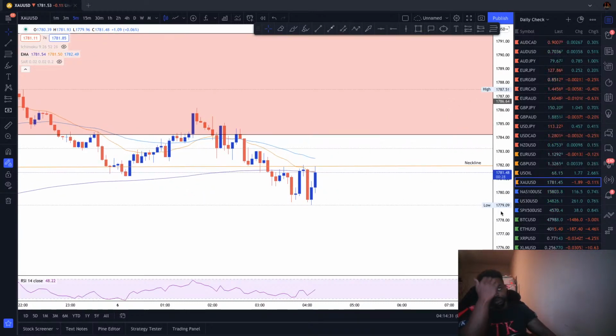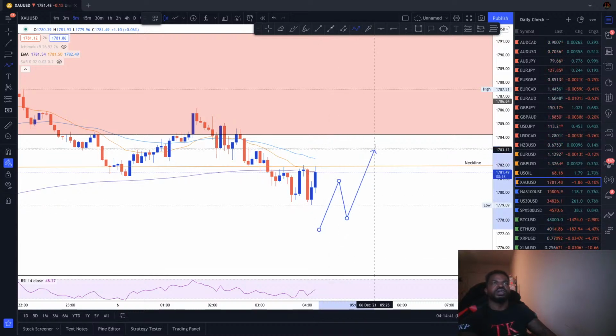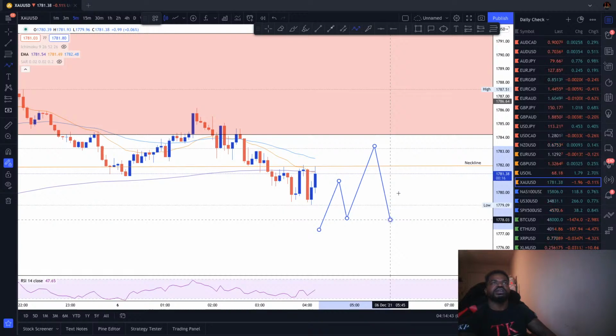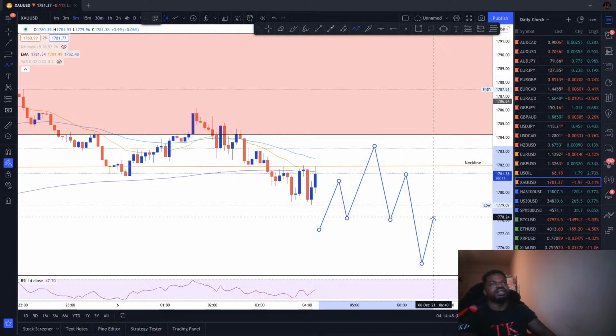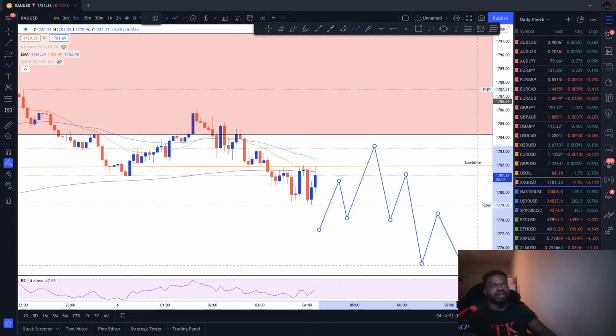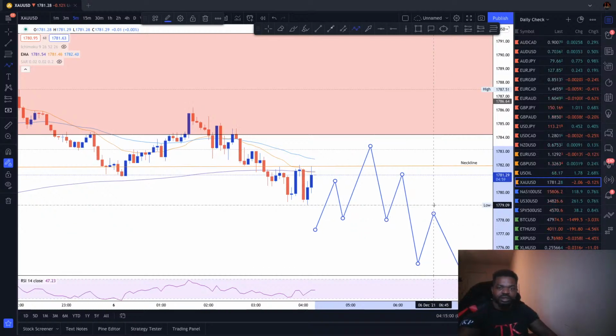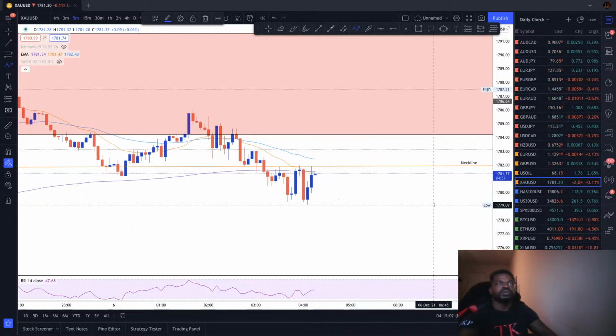Then if so, you get an exact play out of what I just described, which is a reversal pattern printed, such as this head and shoulders pattern, a break beneath the neckline, a retest of the neckline before proceeding to the downside to create lower lows. So let's see how everything plays out.